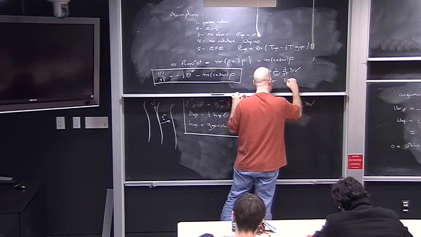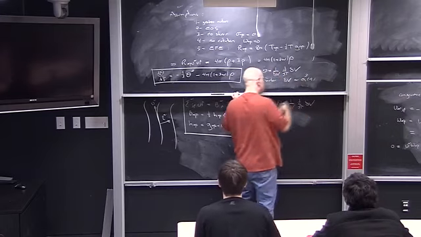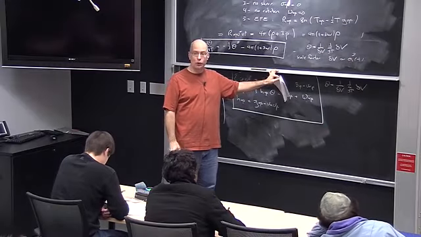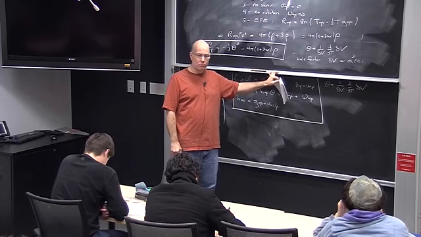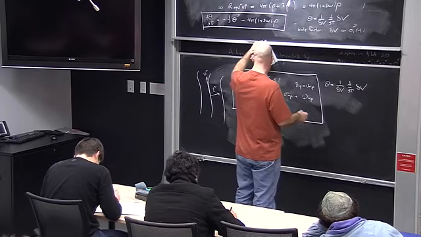I can define the scale factor by just saying that my cross-sectional volumes are going to be something that scales as the cube of the scale factor. So I can basically define the scale factor as follows.